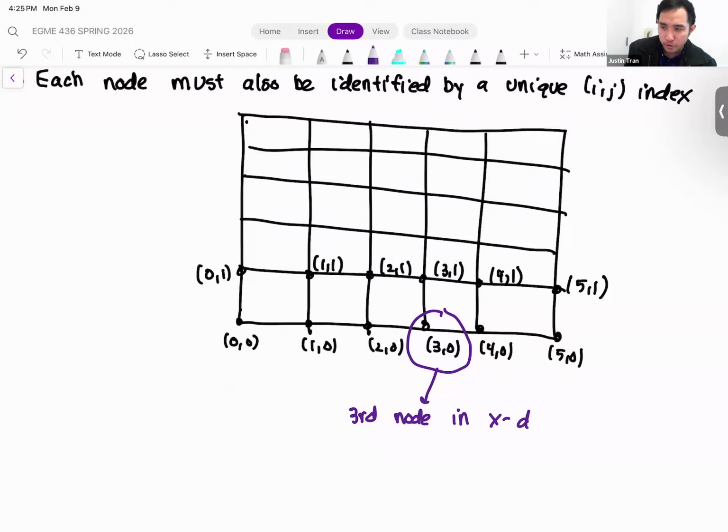Well, technically it's the fourth node because we started numbering at 0. Sorry, let me change that. This is the fourth node. And then in the Y direction, we're on the base layer, so this is the first node in the Y direction.